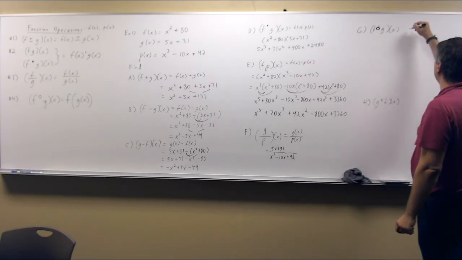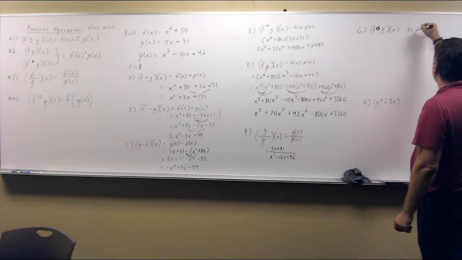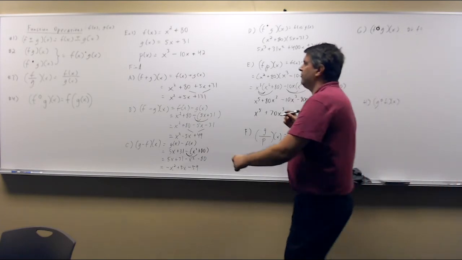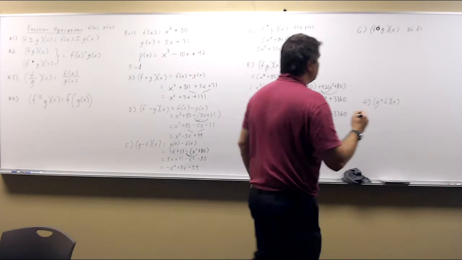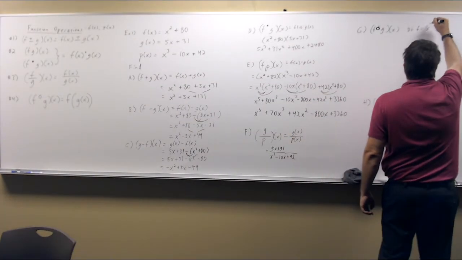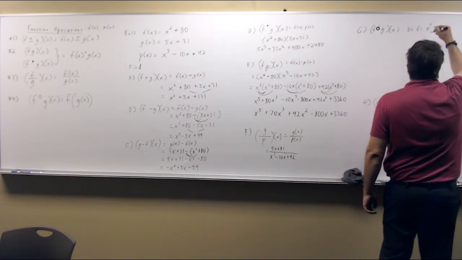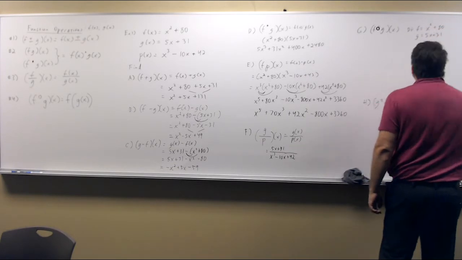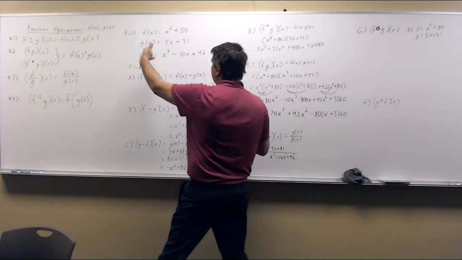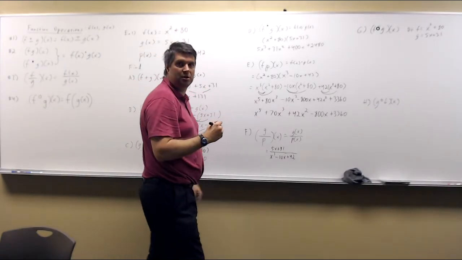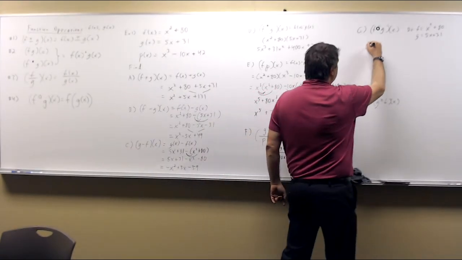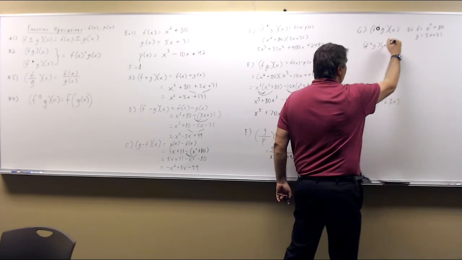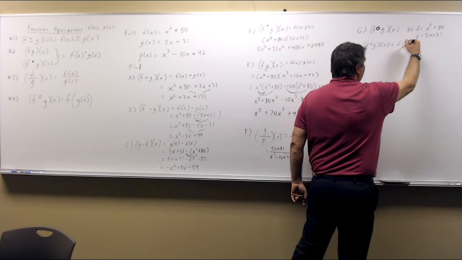So to do this one, I will replace the functions with variables that represent the functions. So f will equal x squared plus 80. G will equal 5x plus 31. Okay, I've simply renamed these as variables. And f of g of x means f of g.